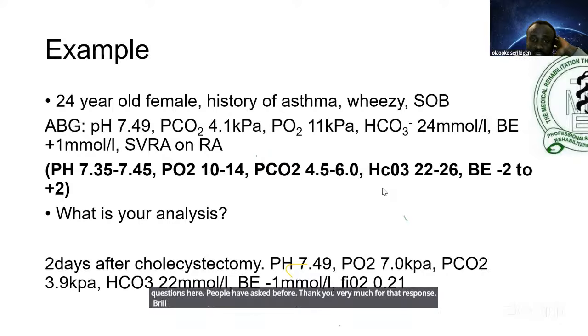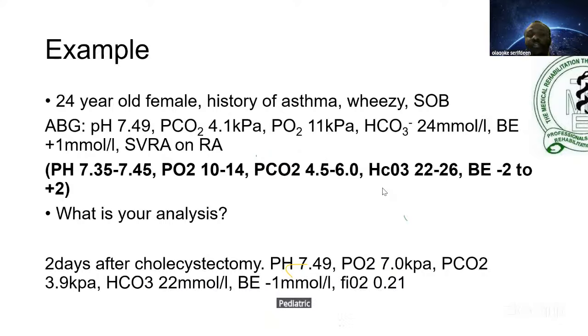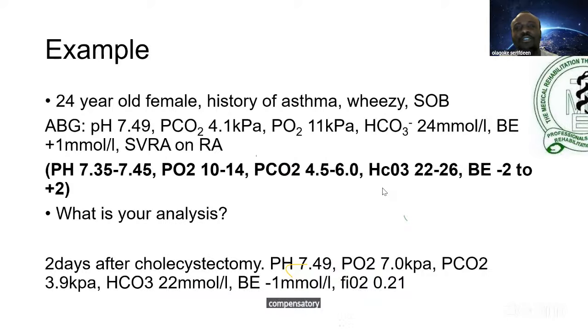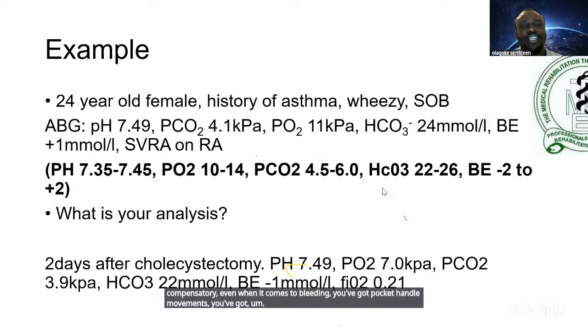Brilliant response, interesting one. Somebody asked what's the difference between pediatrics ABG and that of adults? Well, of course, there's going to be the clinical reasonings for peds as well. I know peds is slightly different when it comes to correlating your readings with their presentations in bed, because in adults we've got a lot of compensatory mechanisms.